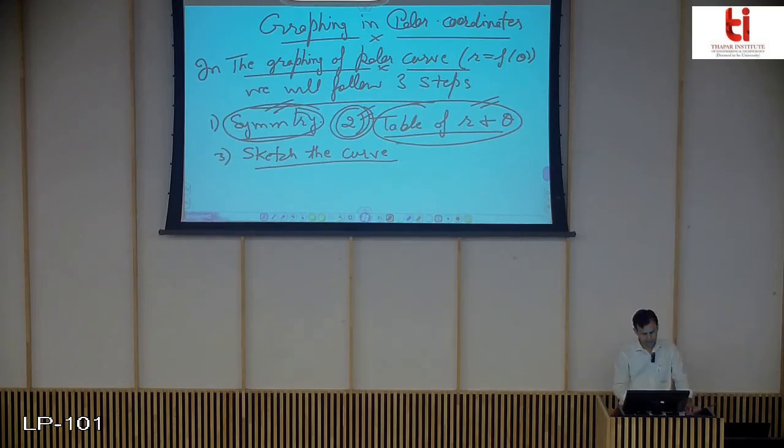So this is the third step: from the table we took the points, plotted them on the polar curve, and then we use symmetry to complete the other half of the graph. So this is the 3-step strategy that we are going to use for sketching polar curves.